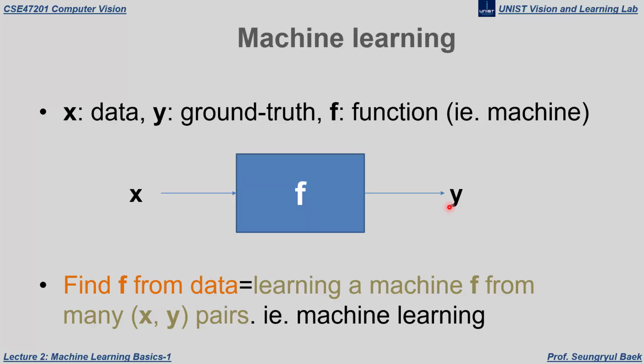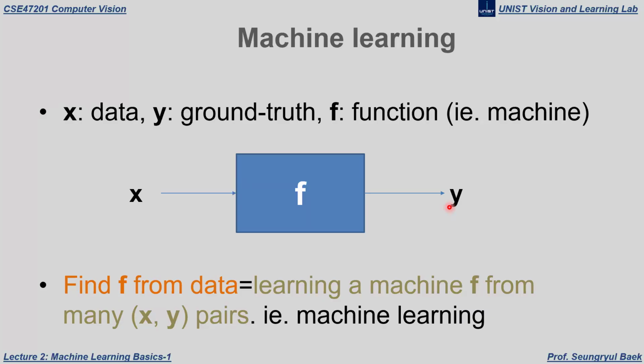if we have not trained, if we have not made this function properly, then the initial function F will output some incorrect values, which are far from the ground truth, right? So the objective of machine learning is to make this function F, the machine F, output a value which is close to the ground truth.